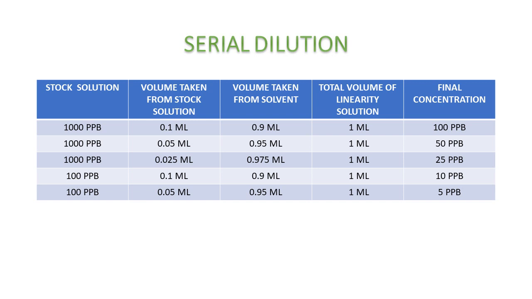From the 1000 ppb and 100 ppb stock solutions, the volumes taken from the stock solution are 0.5 ml, 0.05 ml, 0.025 ml, 0.1 ml and 0.05 ml, and the solvent taken is 0.09 ml, 0.095 ml, 0.005 ml, 0.975 ml, 0.9 ml, 0.95 ml, to prepare 1 ml of each concentration solution.